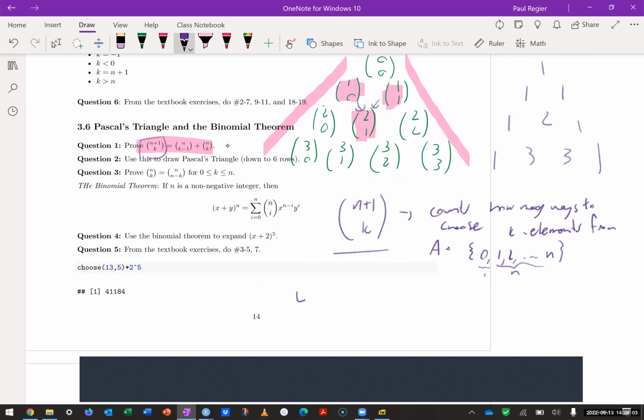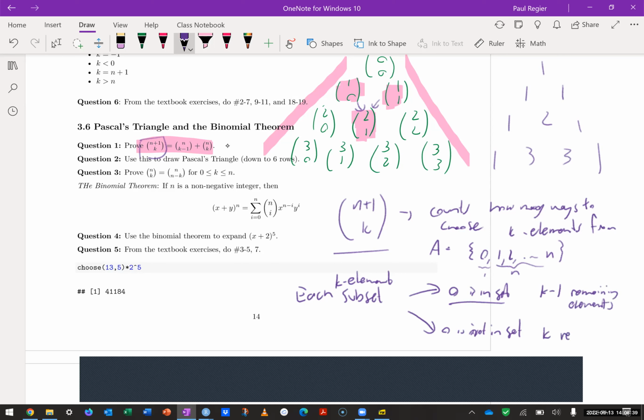Now consider each k element subset. It has two things that can happen. Either 0 is in the set or 0 is not in the set. So for each k element subset, if 0 is in the set, then there's k-1 remaining elements, because one of them is 0. And if 0 is not in the set, there's k remaining elements. Right?